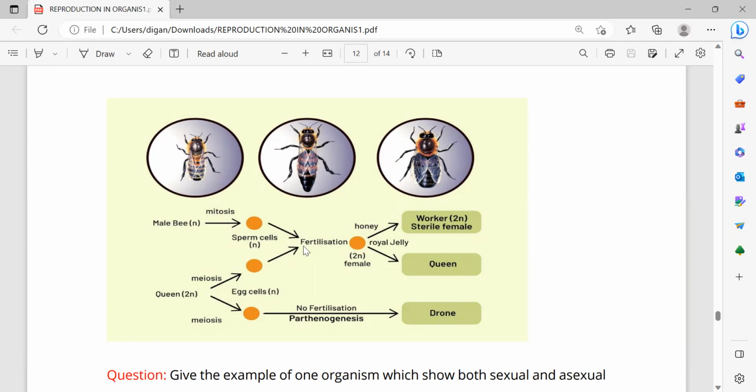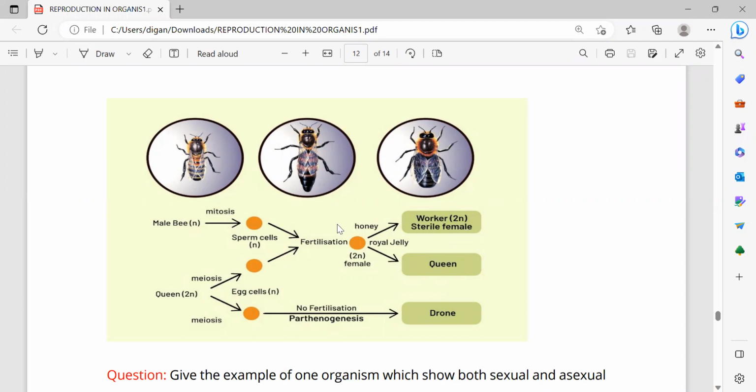As a result, a diploid zygote is formed, and from this zygote all female bees are produced. Among honeybees only the female has twice the number of chromosomes, while the male has a single number.